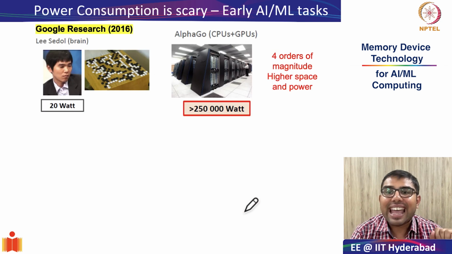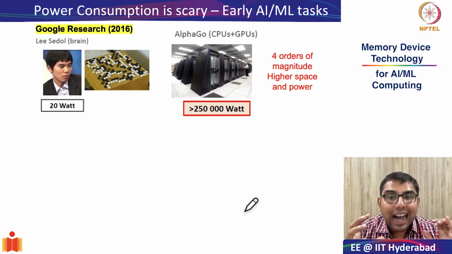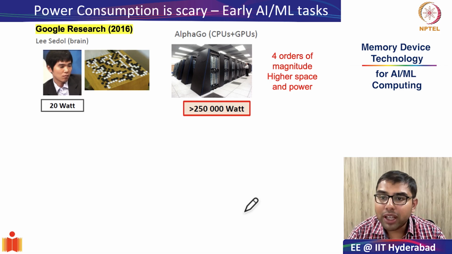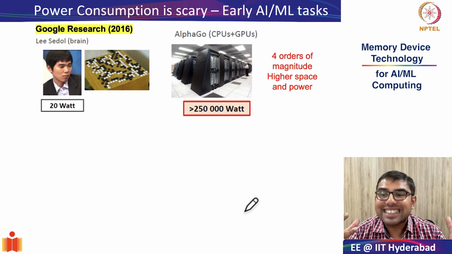And nothing can give you a better idea of the same than the research done by the top companies. First, I present to you the case of AlphaGo. As we can see in this image, we see Lee Sedol, the Go champion who famously played against AlphaGo, Google's supercomputing system, in 2016.